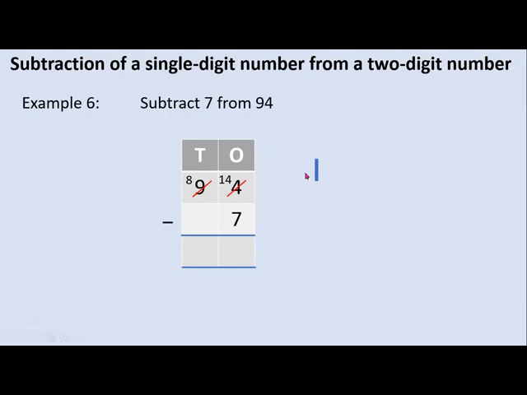That will be shown here by drawing lines. 1, 2, 3, 4, 5, 6, 7, 8, 9, 10, 11, 12, 13, 14. After drawing 14 lines, I will count 7 from right to left. It need not be always from right to left. It could be from left to right also.